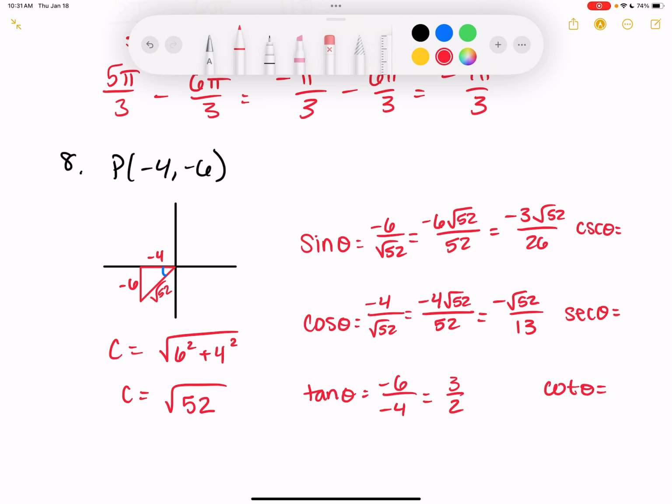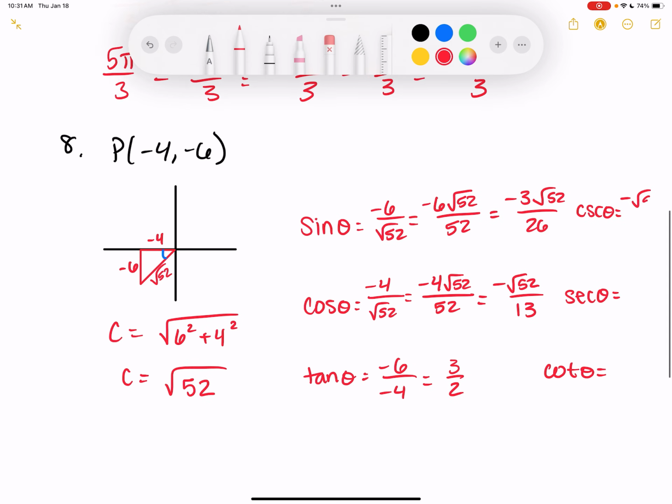So cosecant of theta would then be what? Negative square root of 52 over 6. Yep, negative root 52 over 6. Would you want us to simplify root 52 and make it 2 root 13? I don't care.